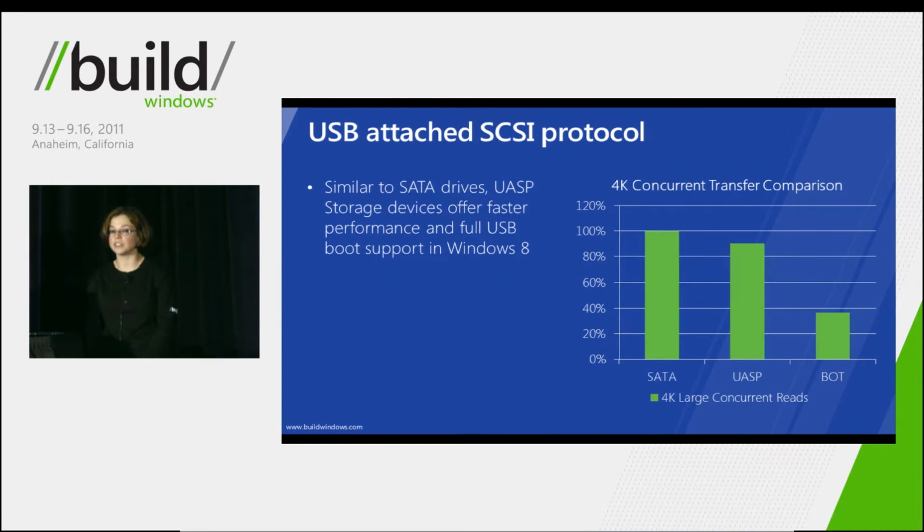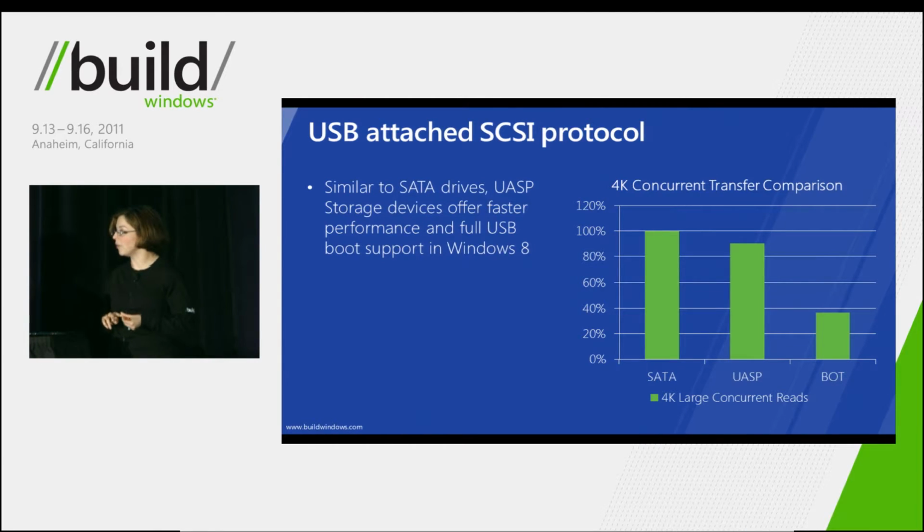USB Attached SCSI Protocol, otherwise the acronym is UASP, is a new inbox storage driver which is available in Windows 8, and it implements a USB 3 transport type called Streams, which was introduced just to USB 3. The main benefit of it is that it allows for faster performance on concurrent transfers.